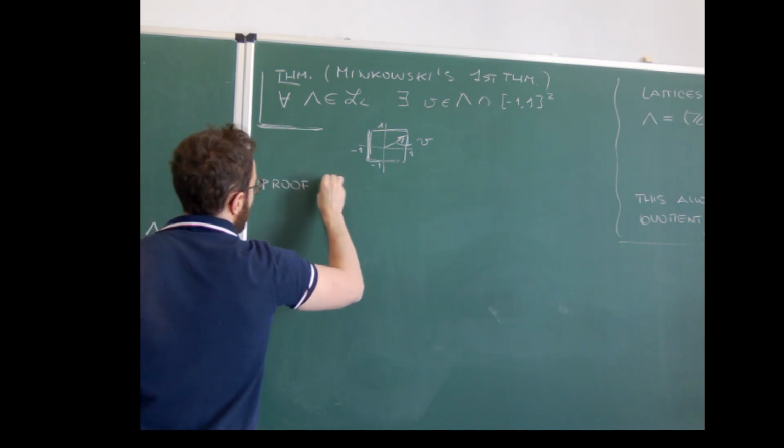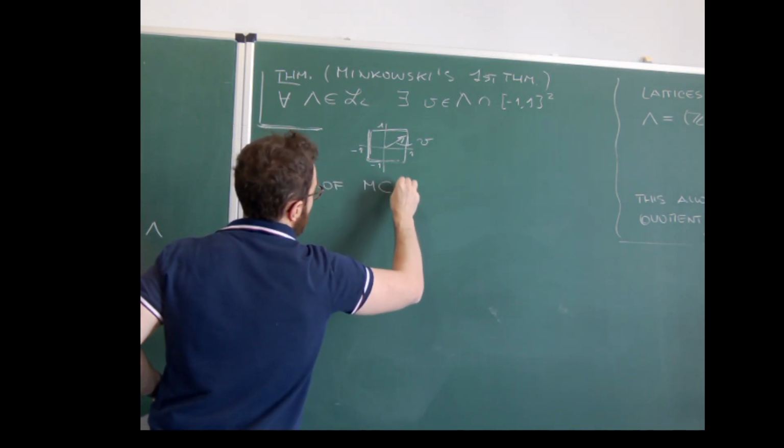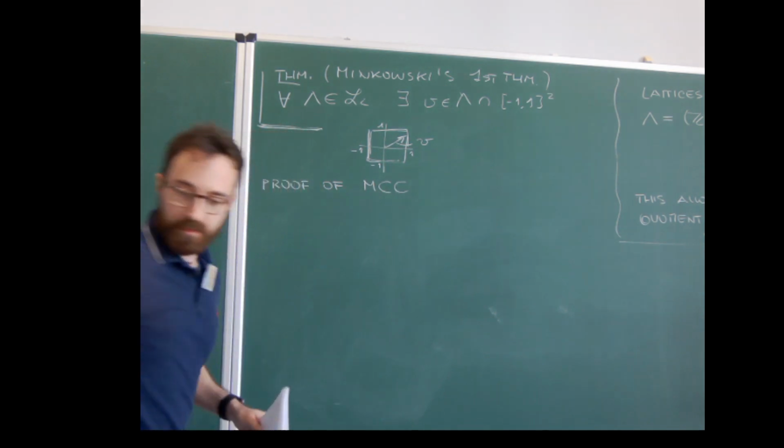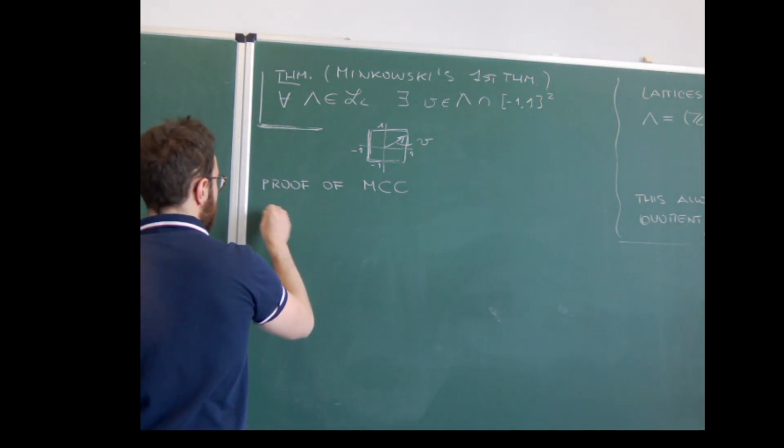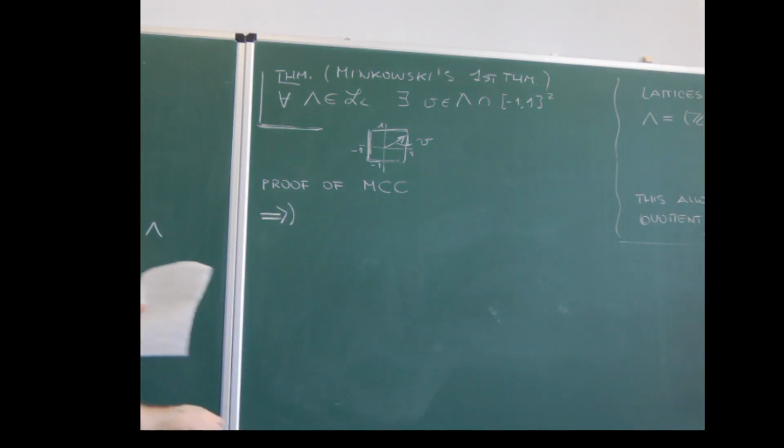Proof of Mahler compactness criterion. Right, so suppose that omega is not compact.